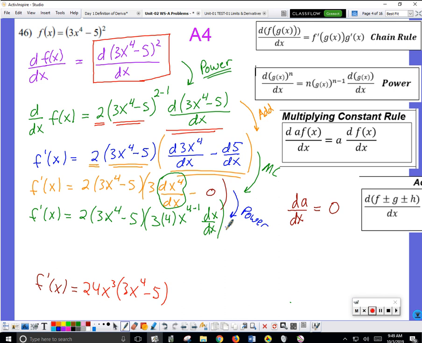So now I have this expression. F prime is equal to... I can multiply those two together now. That'd be 12. Like that.